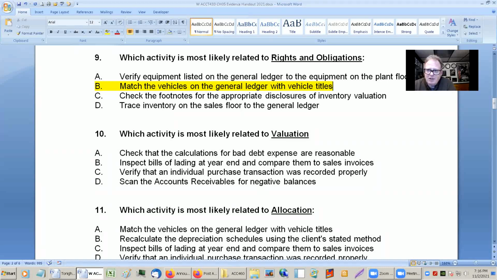You check to see if they actually own it, and that'd be if they have the rights to it. Obligations are liabilities, so you check they have a liability on it. It is possible that even though they don't own it, it's a capital lease, and in that case, they'd have an obligation of the capital lease. A capital lease is just like a loan. So just because it's on the floor doesn't mean they own it. I guess that's what I'm trying to say.